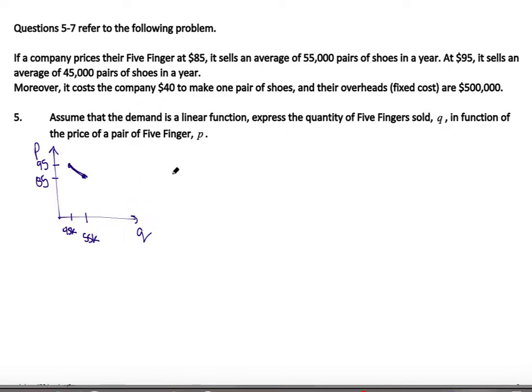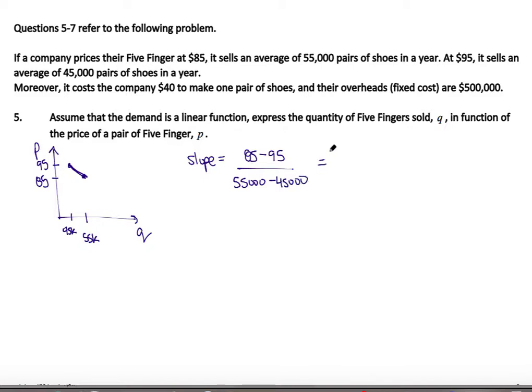And we're going to look at making a function that is linear here. So first we need the slope. So the slope here is going to be 55,000 minus 45,000 over, I'm sorry, this should be the opposite way. My bad. This should be 85 minus 95 over 55,000 minus 45,000.